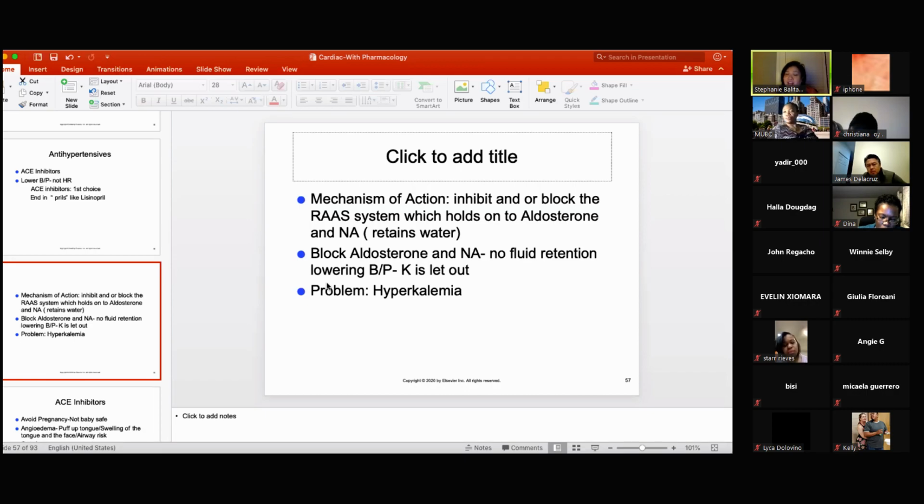You have too much fluid that the heart cannot pump it all out, making your blood pressure elevated. But ACE inhibitors, they block your sodium and your water retention. They block it. So once it's blocked, the body cannot retain water. There's no water retention. So the blood pressure then drops, right?